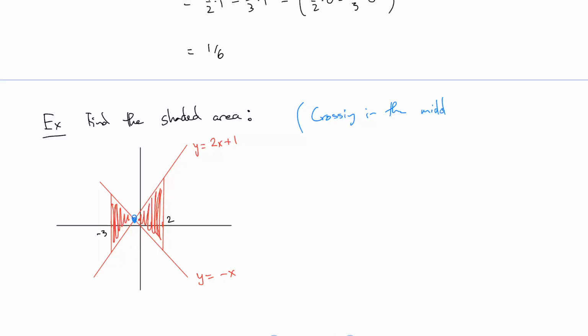Why that matters is that the bigger versus the smaller flips. Over here in this part, 2x plus 1 is bigger, but on this side over here, the other one is bigger, right? So there isn't one that's bigger all the time, because their roles, bigger versus smaller, flip-flop in the middle. So this has a crossing in the middle, which makes it harder.